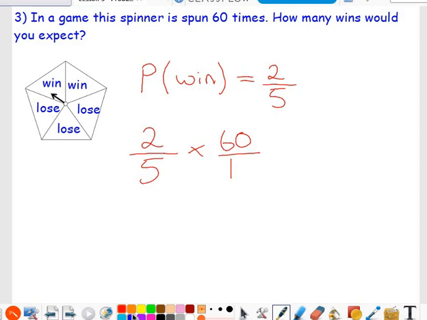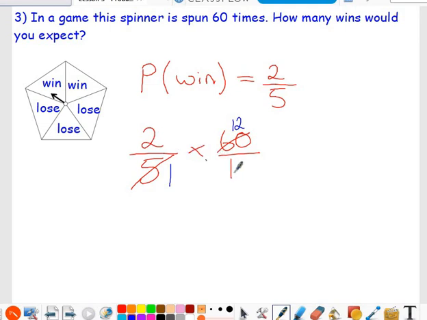Look for any cross cancels. Well, we can see 5 and 60 are a cross cancel as 5 goes into them both. 5 goes into 5 once, 5 goes into 60 12 times. No vertical simplifies on either, and there isn't any diagonal cross cancels here.